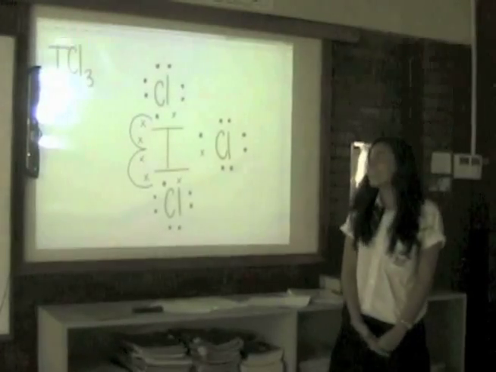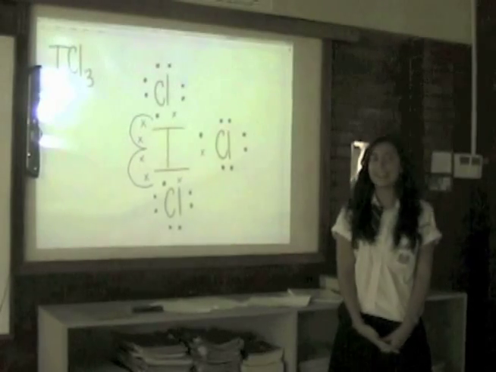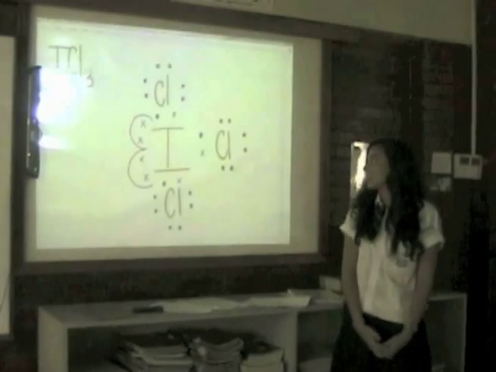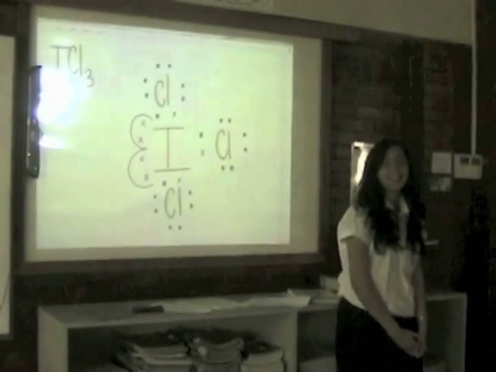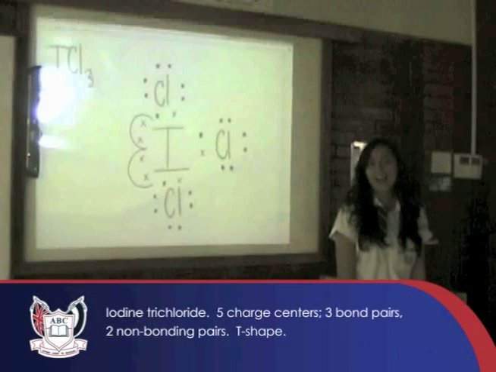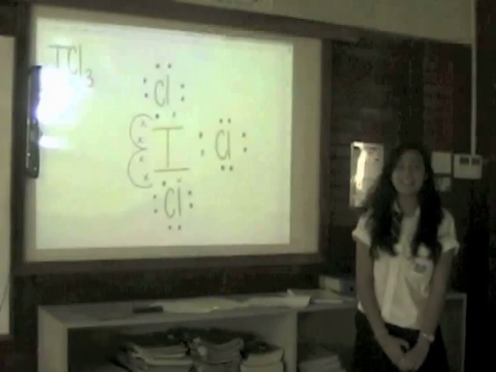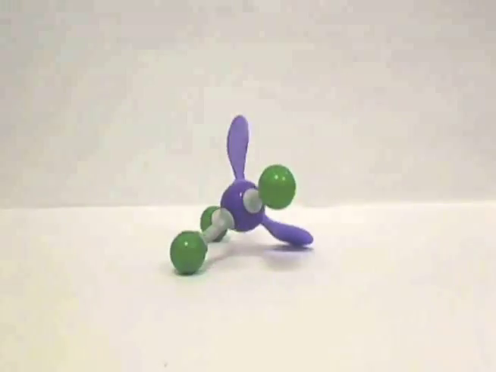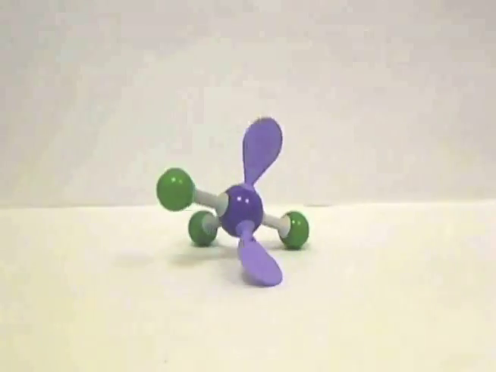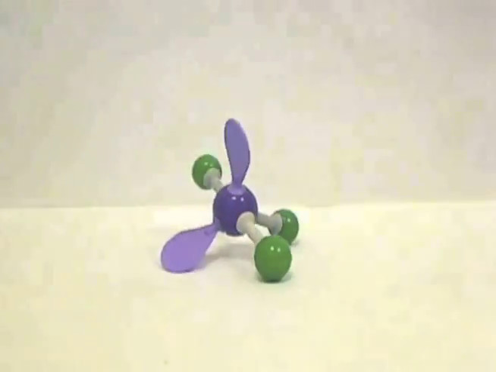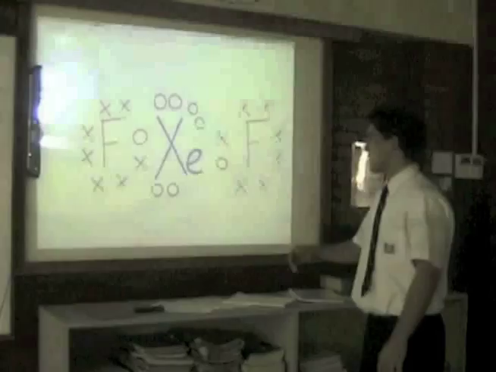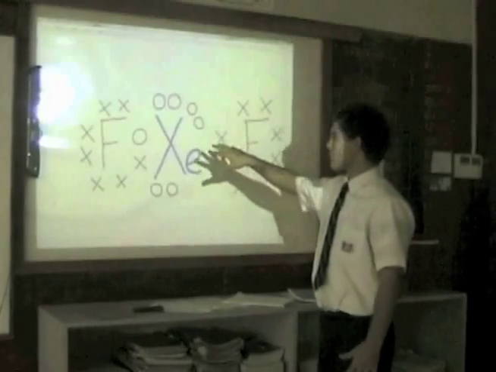My molecule is iodine trichloride. The number of charge centers is 5, and the shape of the molecule is a T-shape. And the shape of the charge centers is trigonal bipyramid. The bond angles are 90, and the hybridization is dsp3. Here we can see xenon difluoride.